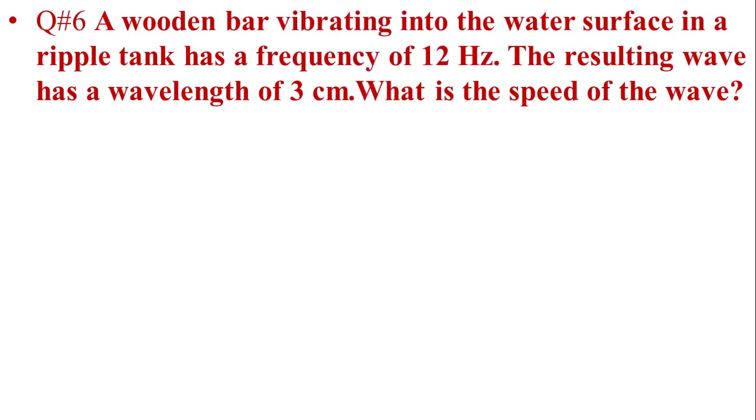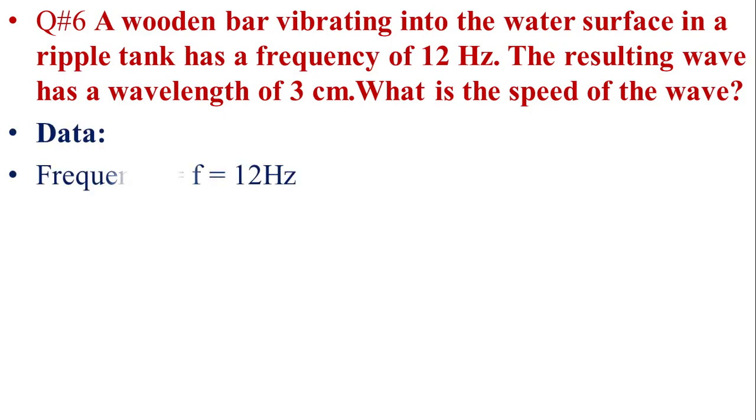Now in question number 6, a wooden bar vibrating on the water surface in a ripple tank has a frequency of 12 Hz. The resulting wave has a wavelength of 3 centimeters. What is the speed of wave?